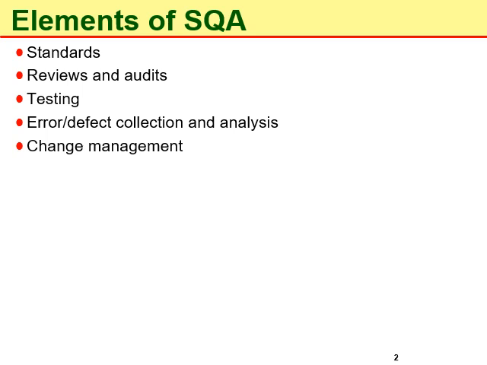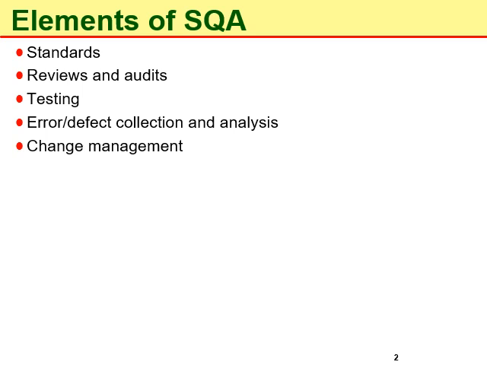Then another element is error and defect collection and analysis. The procedure for obtaining information related to errors or defects has to be developed so that these defects could be analyzed for possible solutions.